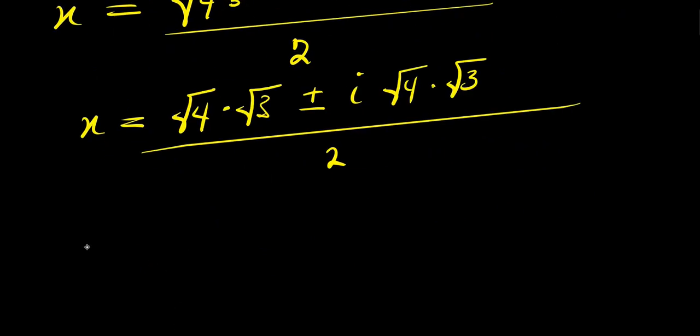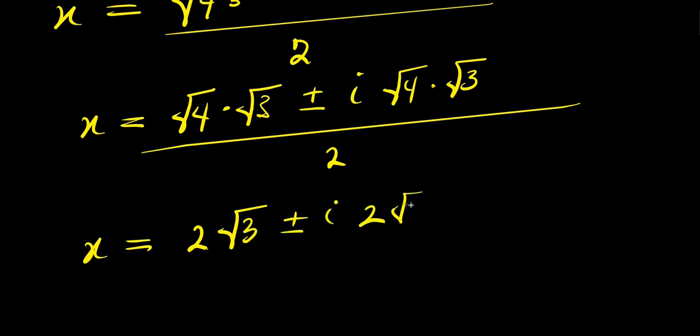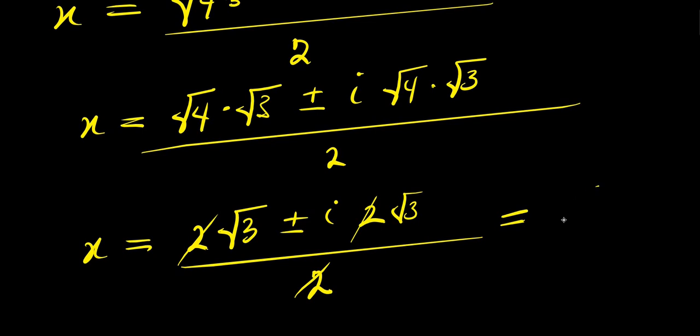So x equals square root of 4, that is 2, times root 3 plus or minus i times 2 times root 3, divided by 2. This cancels this. That means we have root 3 plus or minus i times root 3.